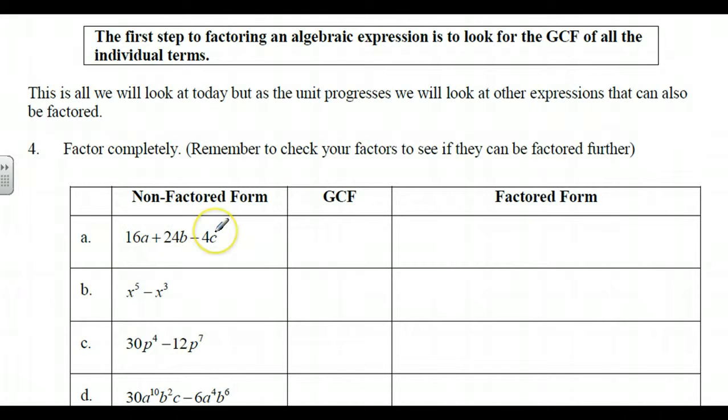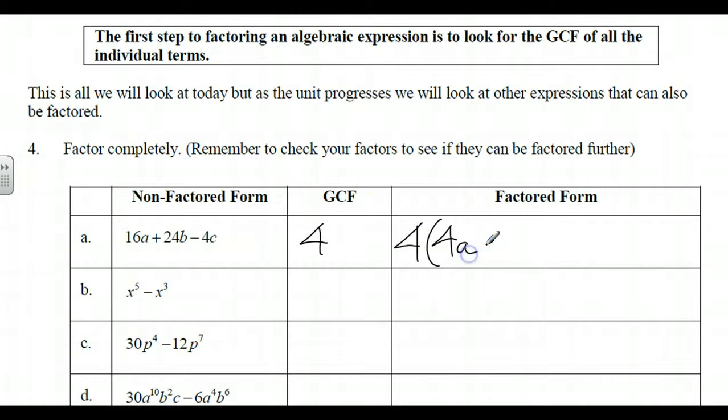So here we go, non-factored. The greatest common factor. What is the biggest number that goes into 16, 24, and 4? And that number is 4. The factored form. We then write the GCF, and then we write down each of these terms divided by 4.